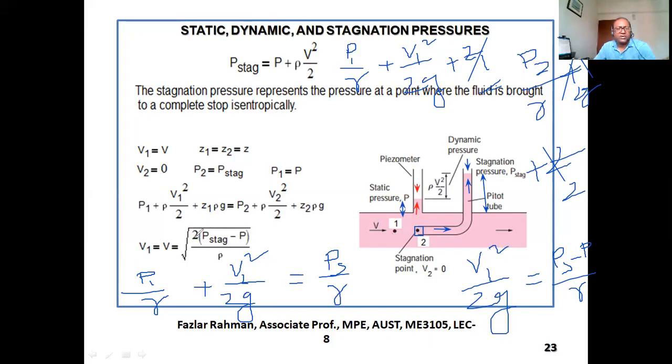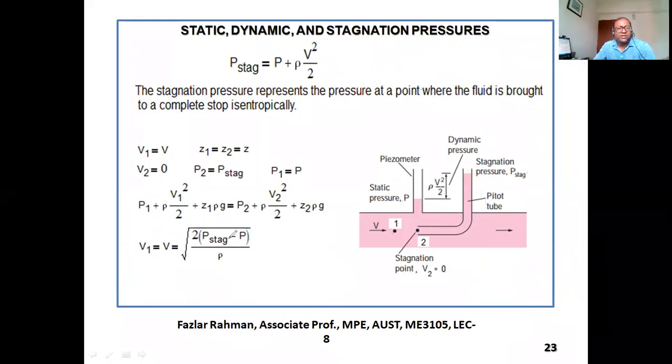V1 equal to, you get this one, the square root of 2 into (P stagnation minus P) divided by rho, because gamma equal to rho G, so G will be out. So you see, if you know the stagnation pressure of the fluid, and if you know the pressure at point 1, easily you can measure the velocity of the flow, V.